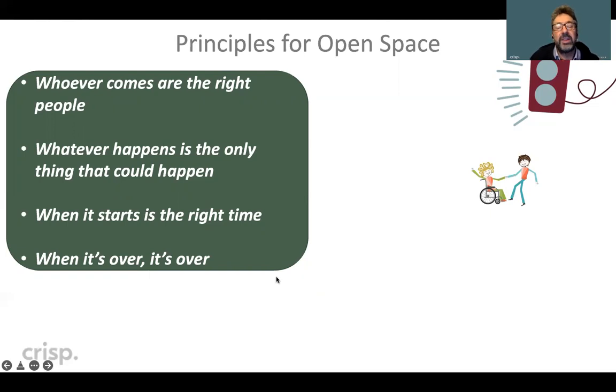And it starts when they assemble, maybe not at the scheduled time, maybe earlier or maybe later. So it starts when it starts. That's the right time. And it's over when it's over, meaning when they talked about it, done something, and feel it's finished, whoever attended a specific session, then it's over.